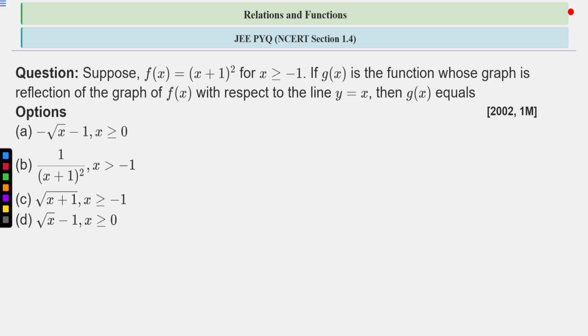So g(x) can be found by replacing x with y and y with x in the function y is equal to (x plus 1) whole square, right? Yes, as g is the inverse of f, we can calculate the function g(x) by replacing x with y and y with x in the function y is equal to (x plus 1) whole square. In this way, you can try to think about this question.